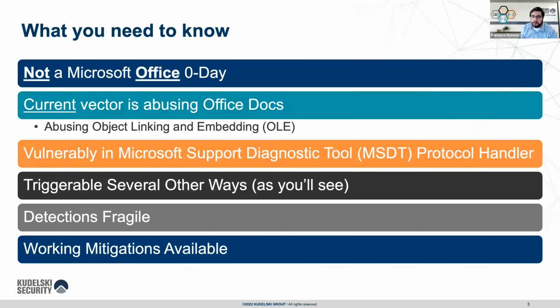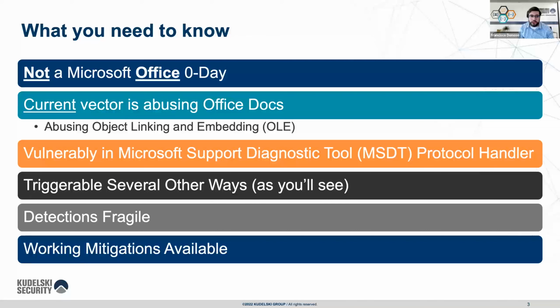So it's not Microsoft Office, that just happens to be the current vector of exploitation that we're seeing around threat actors. And we'll talk a little bit about how threat actors can execute or trigger this vulnerability, leveraging other documents or other ways to trigger remote code execution.